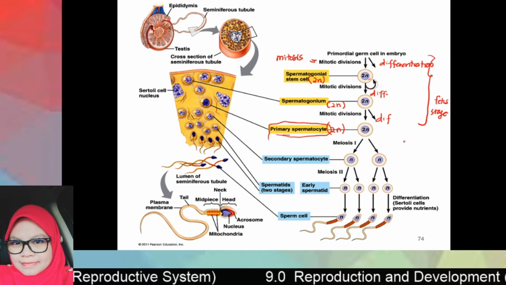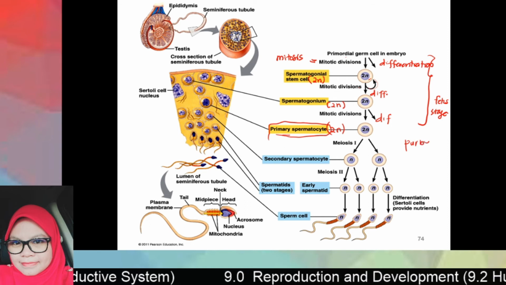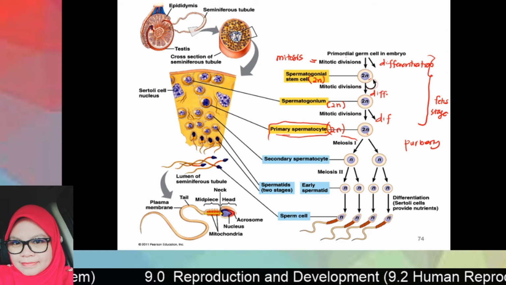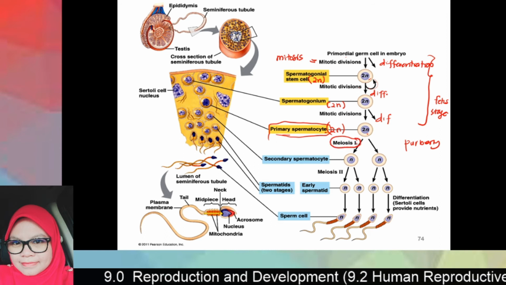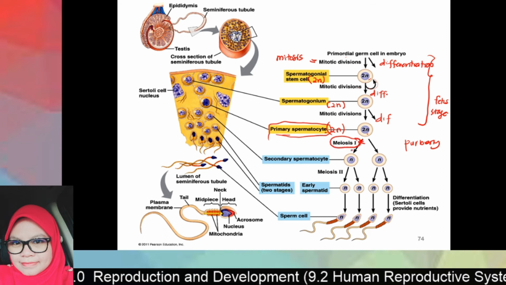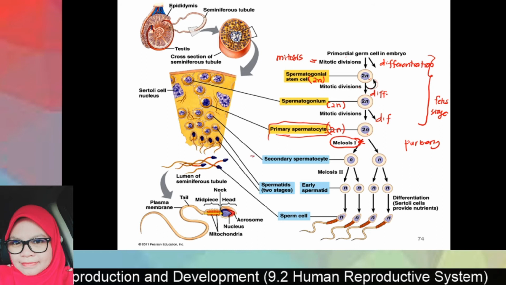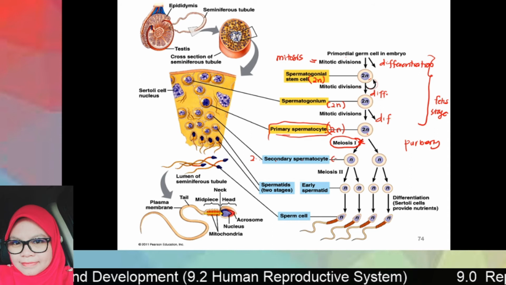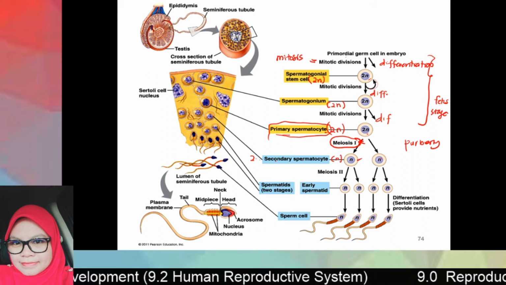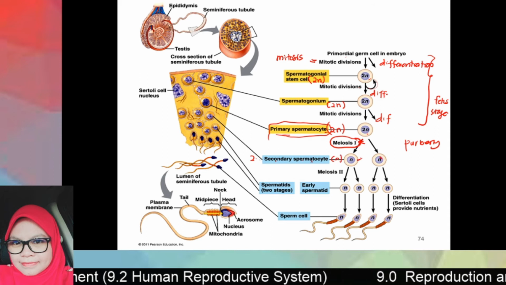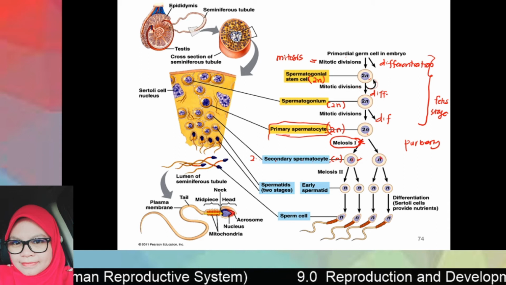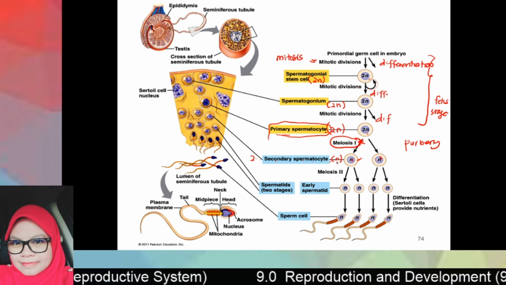And then when they reach puberty, the primary spermatocyte will undergo meiosis 1 and complete meiosis 1 to produce 2 cells of secondary spermatocyte. This secondary spermatocyte is haploid.